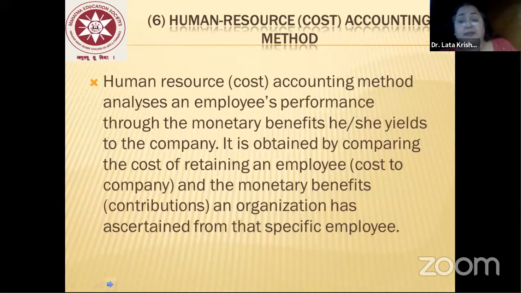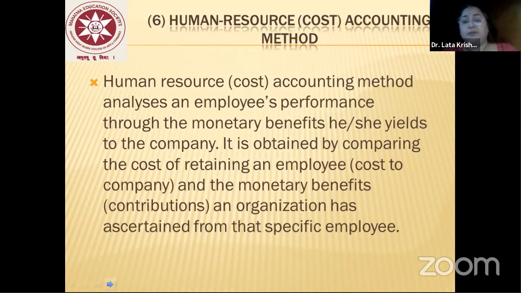To the company. But when you, on one side, put all the costs that you're incurring on an employee, you have to also list down the benefit that the company is getting from this employee. So in this human resource cost accounting method, appraisal is a good appraisal only when the company is receiving more in monetary benefits.